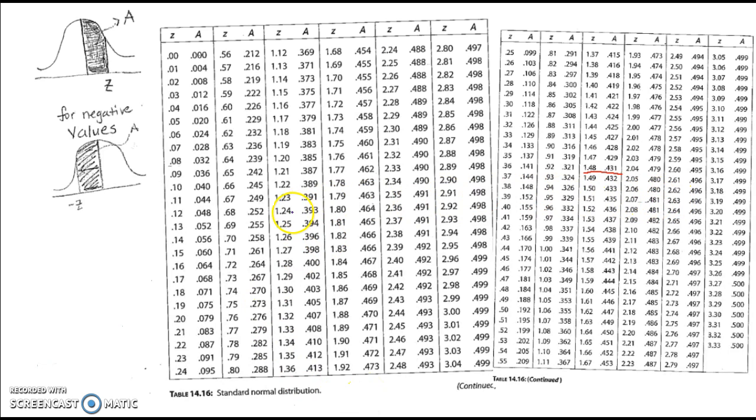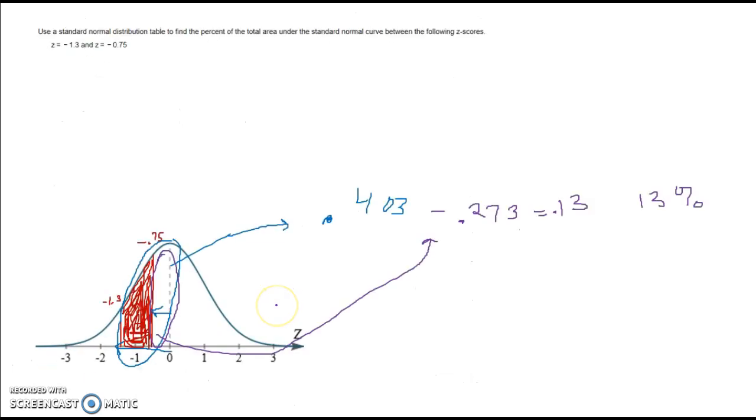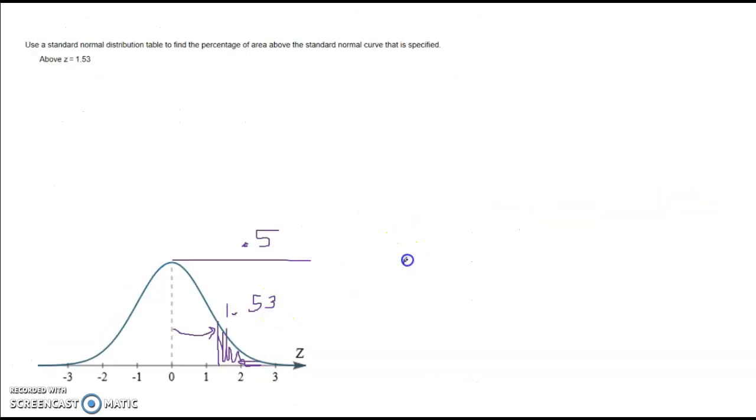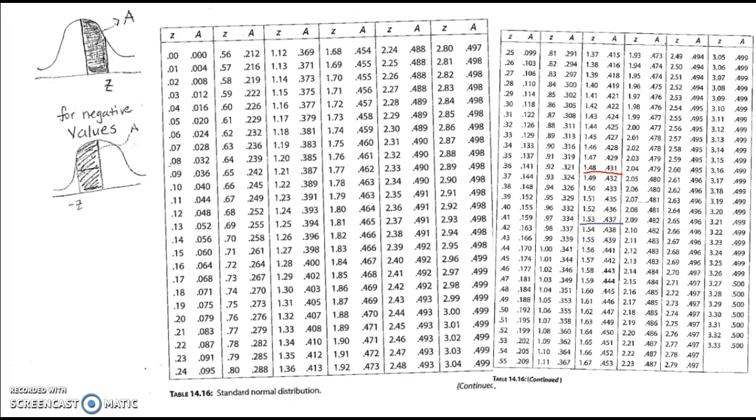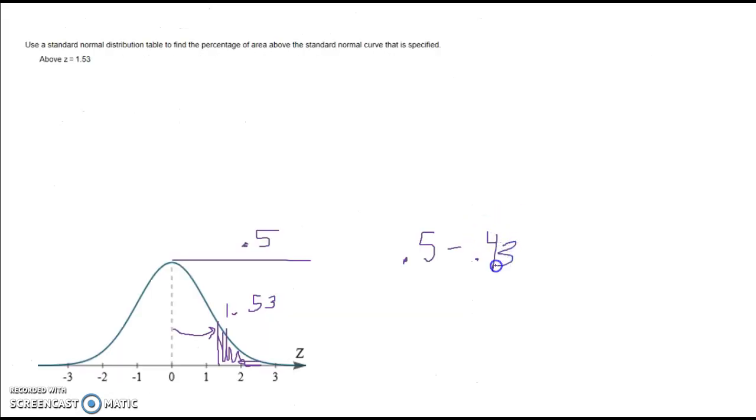Let me go to the chart. 1.53 is right here, 0.437. So I take the entire area, 0.5, and subtract 0.437. That gives me 0.063, or 6.3%.